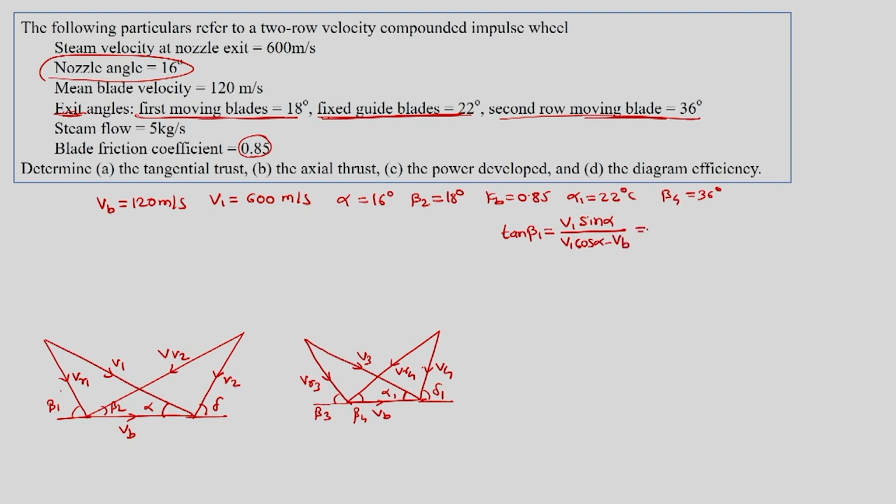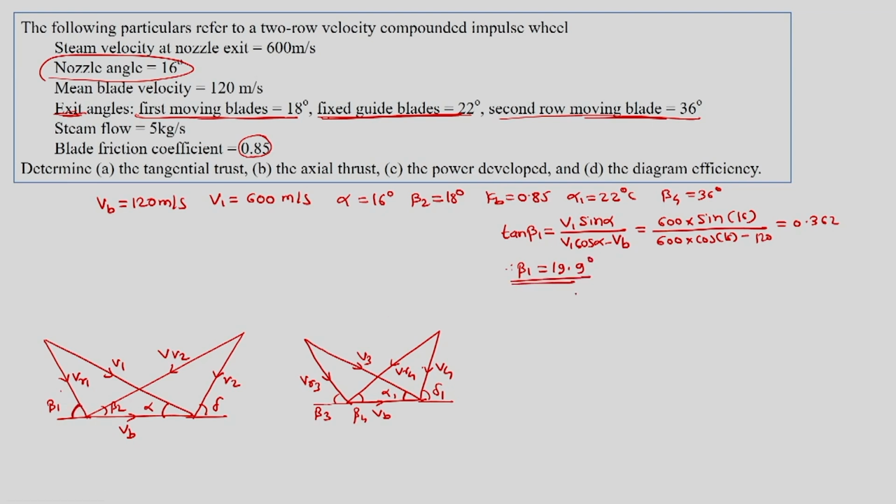So, we will have 600 into sin of 16 divided by 600 into cos of 16 minus VB, which is 120, and this gives us 0.362. So we can get beta 1 is equal to 19.9 degree. So we found out beta 1.